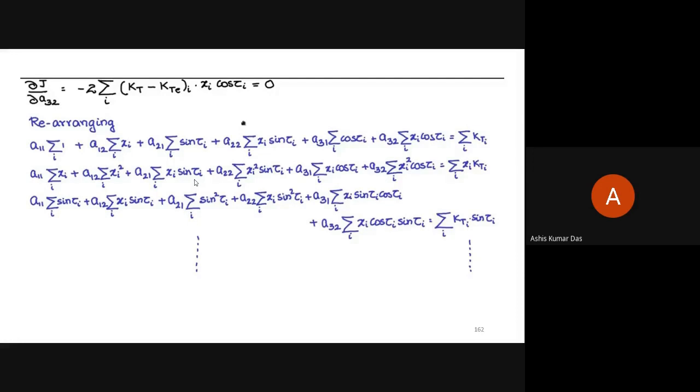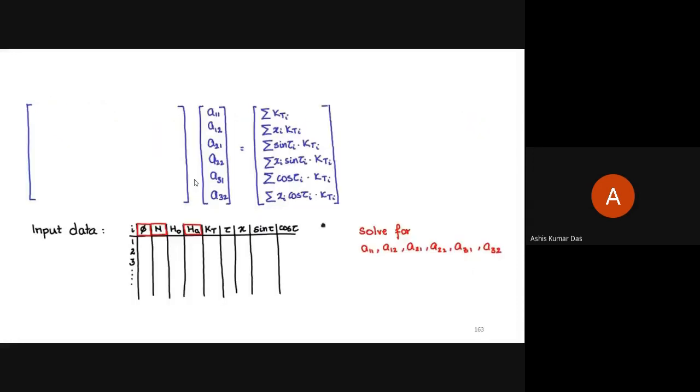All these things will be populated here, and these values can be calculated. This column vector can also be calculated because we know kti, ξi and sin τy. The only unknowns will be this column vector, a11, a12, a21, a22, a31 and a32. We have 6 unknowns and 6 equations, so we can easily calculate these unknown coefficients.